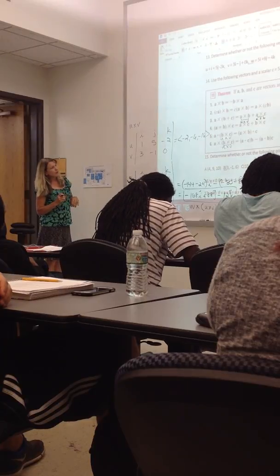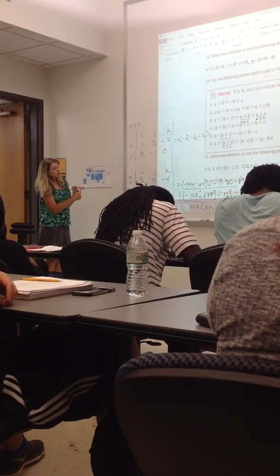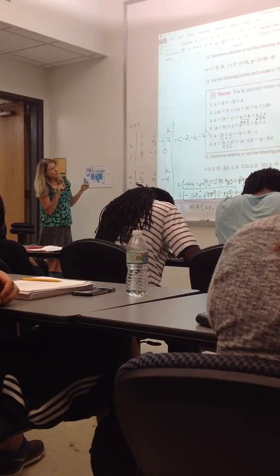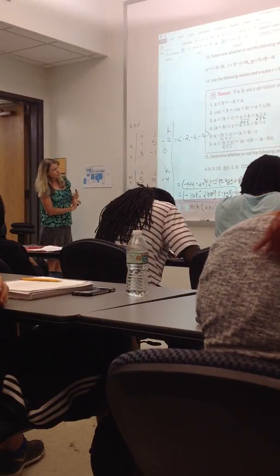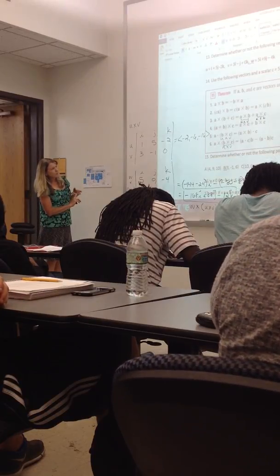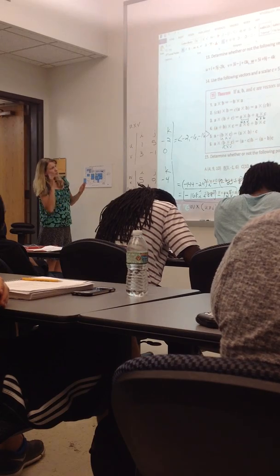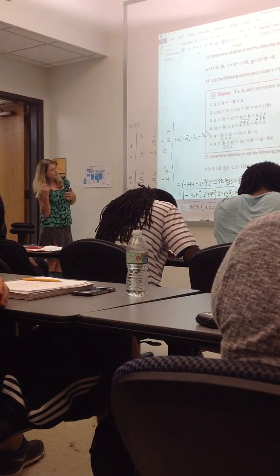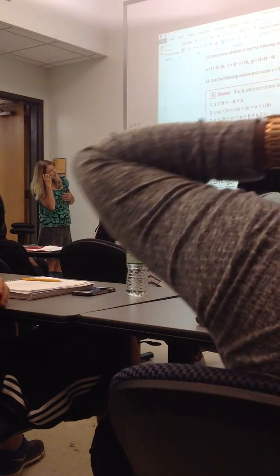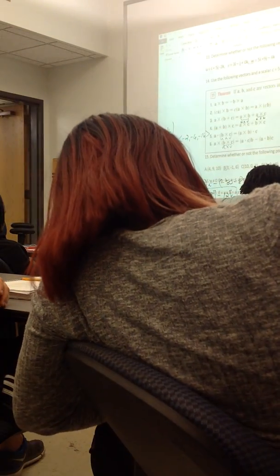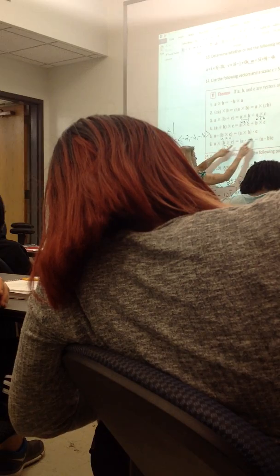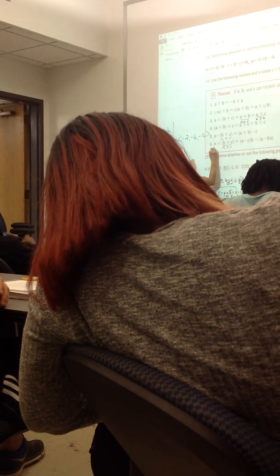Now we're going to dot w and u, and then multiply that through b, and then dot w and b, and multiply that by u. I'm trying to test this rule.